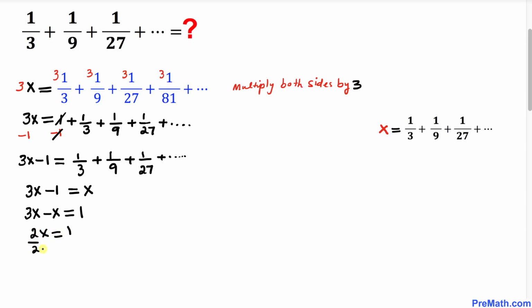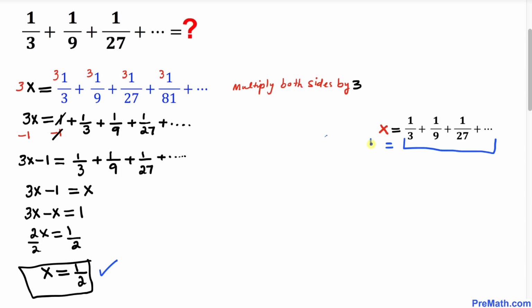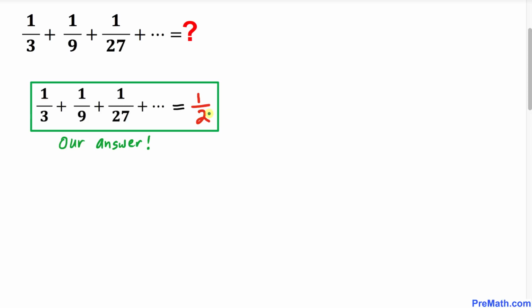Let's divide both sides by 2. So x turns out to be equal to 1 over 2. So x equal to 1 over 2 means that this whole infinite series is equal to 1 over 2. So thus our answer turns out to be 1 over 2.